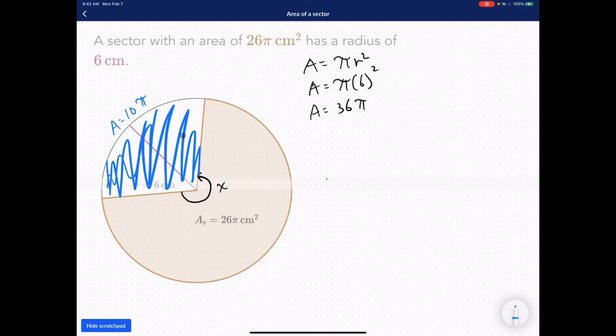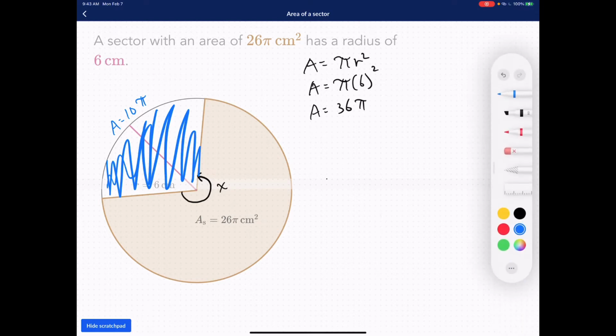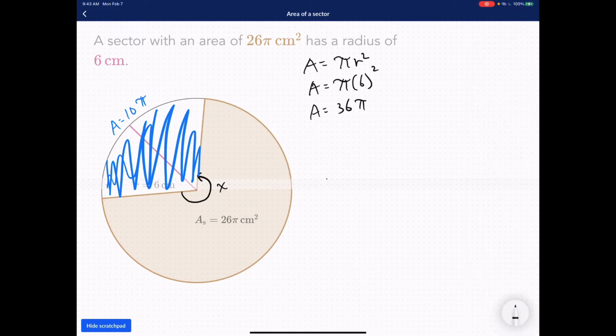So we need to know what part this colored sector is to the whole of the circle, and the whole of the circle is 36 pi. The area of the sector is 26 pi. So it is going to be 26 pi over 36 pi, and that cancels out.